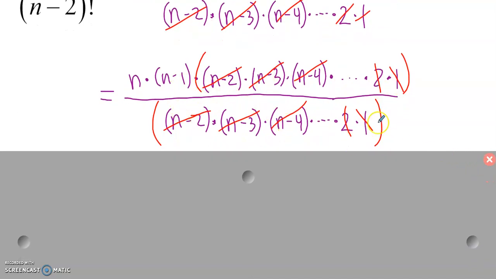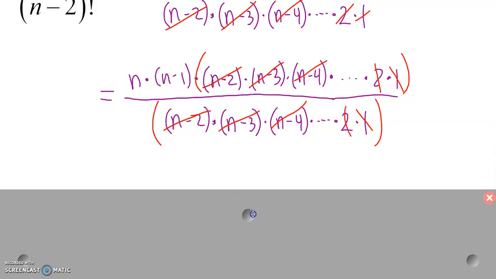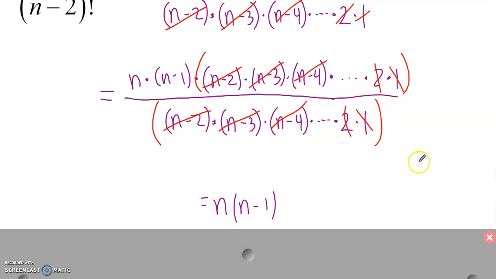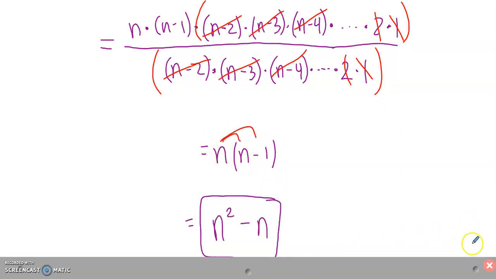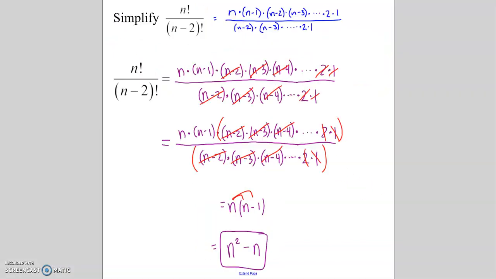You can see that all these factors cancel, leaving me with just n times n minus 1. And on the bottom, when I cancel everything, I'm just left with 1. So my result here is n times n minus 1, which you can distribute and get n squared minus n as your final simplified answer for this fraction.